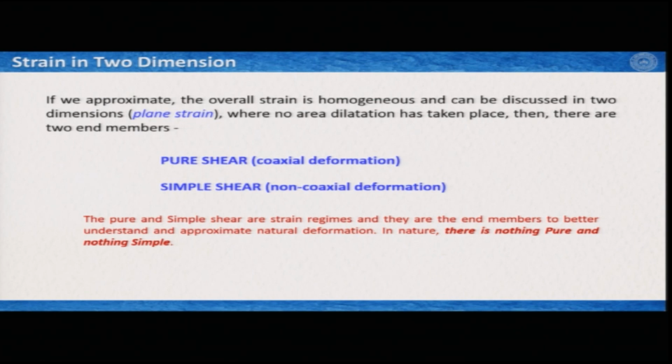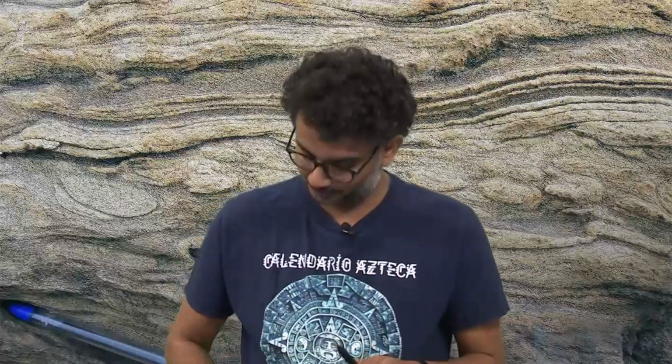I must remind you that this concept of pure and simple shear are strain regimes, and they are just the end members to better understand or mathematically define or approximate natural deformation. In nature, it hardly happens in a pure shear or simple shear manner, or in other words, there is nothing pure and nothing simple in natural deformation.